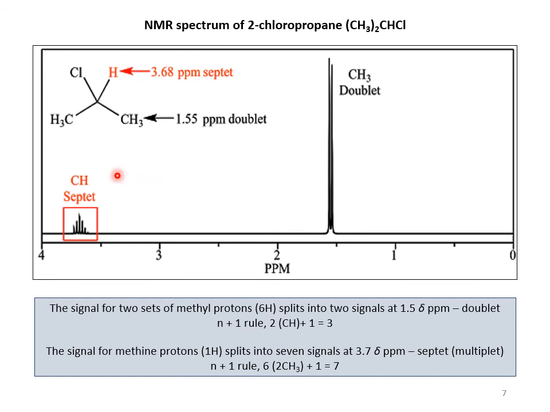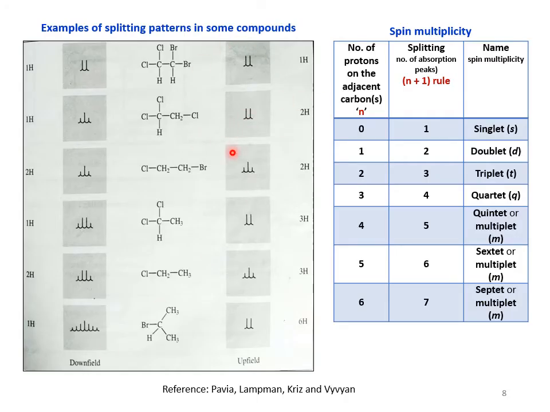So this is how we can identify the number of protons present on the adjacent carbon atom by this n plus 1 rule, that is spin-spin coupling. So here there are some examples.